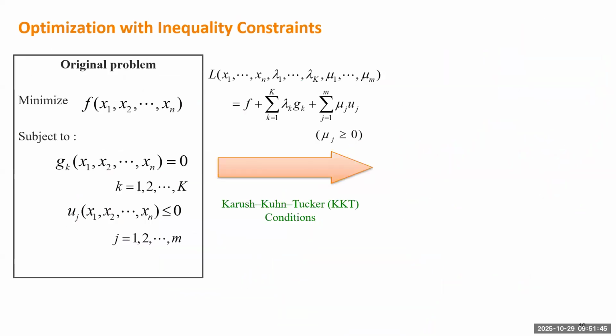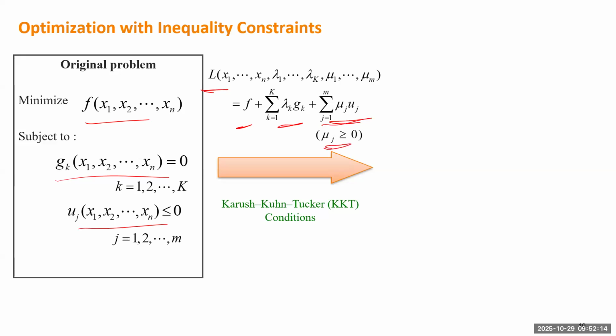All right, to summarize, how do we solve the optimization problem with both equality and inequality constraints? We have a cost function, equality constraints, and inequality constraints. First, we introduce the L function, which is a linear combination of the original cost, the penalty due to the violation of equality constraints, and the penalty from the inequality constraints.